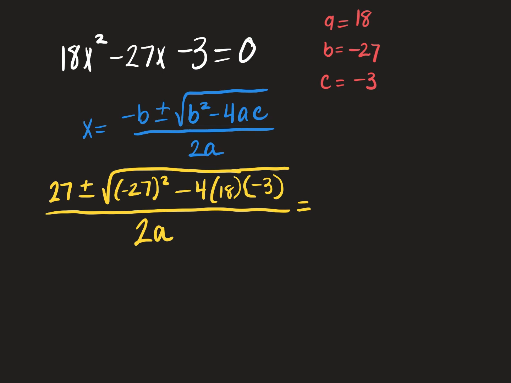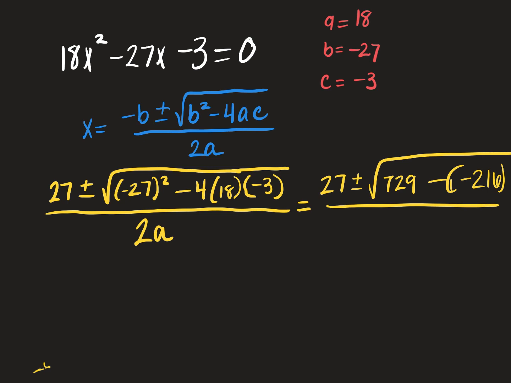So 27 plus or minus. I'm going to square that 27 and get 729 minus 4 times 18 times negative 3. So we're subtracting negative 216, which means technically we're adding 216, right?